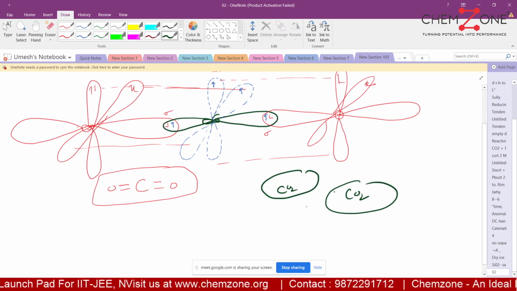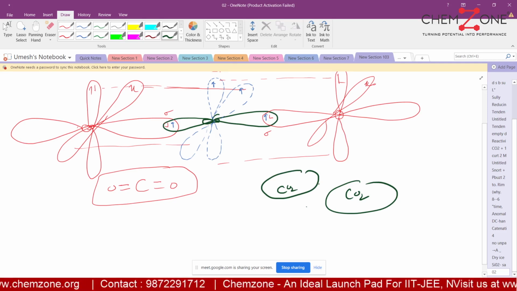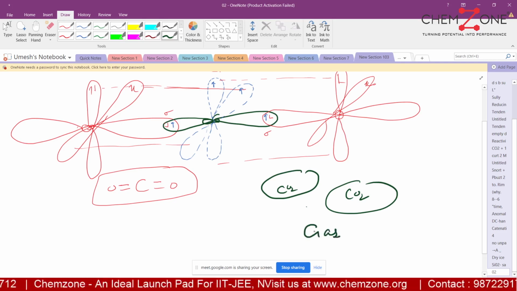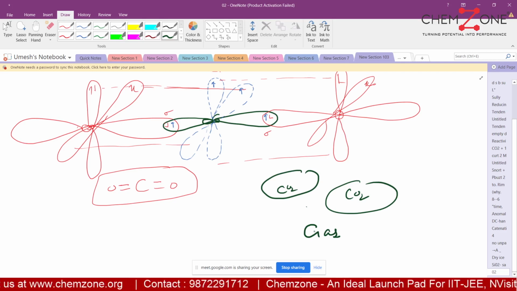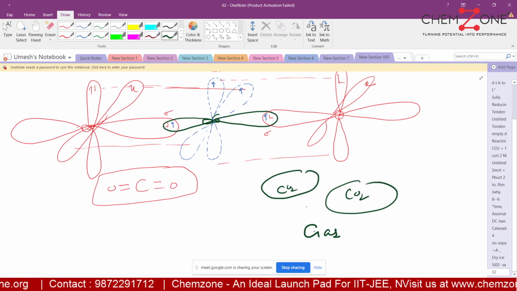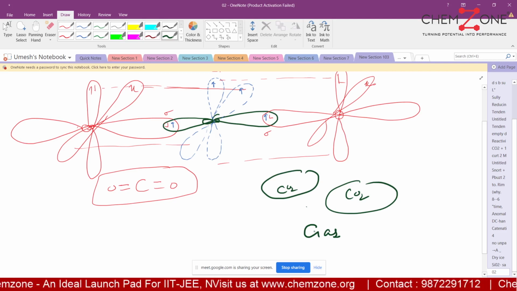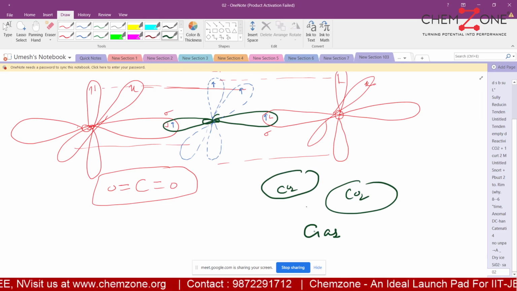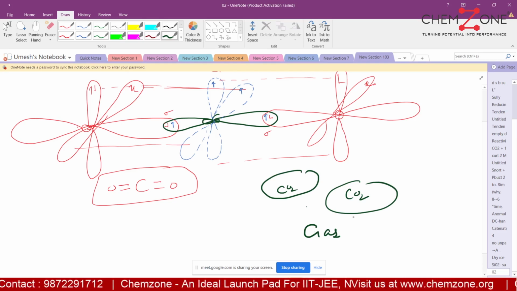Otherwise, at room temperature, this is a gas.